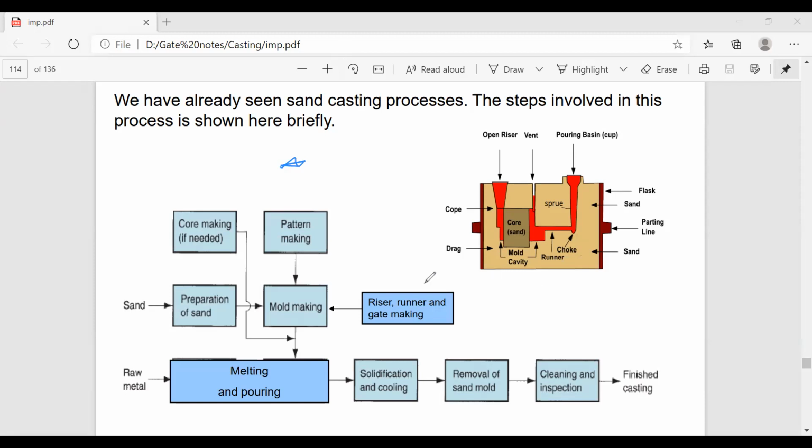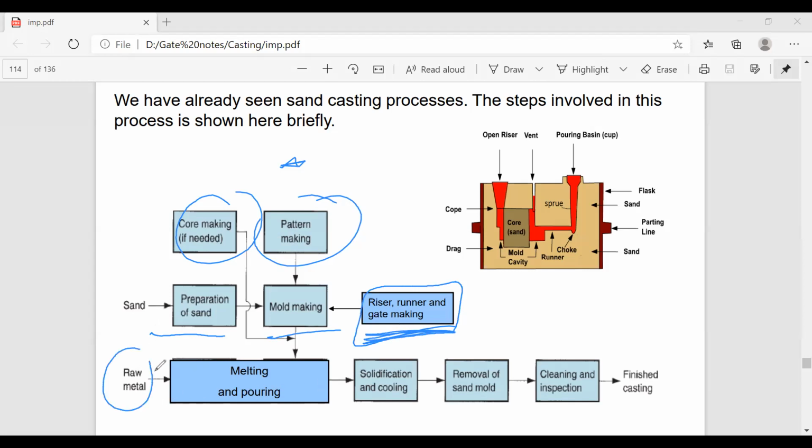So what are the steps involved in sand casting? First we make the core, then we make the pattern, right? Core and pattern making and preparation of sand, mold making, gate and riser. Okay, gate, riser, and runner, which we have already seen.